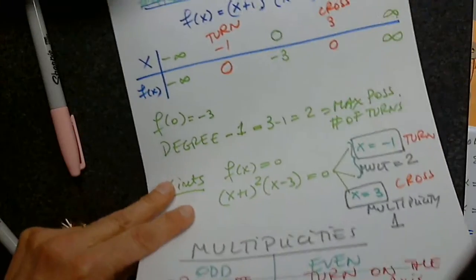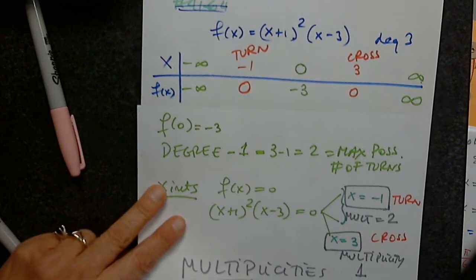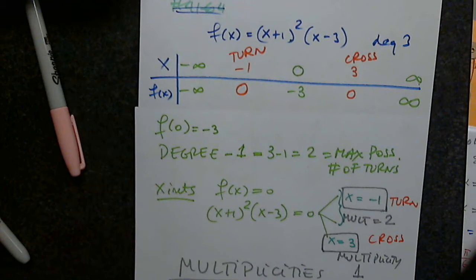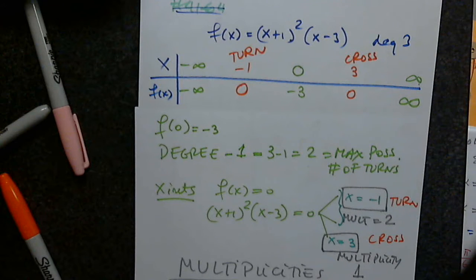Now I would like you to bear with me for a second. And then we will take our shot at this graph. So please follow me for a second. Follow my hand. From -infinity, the function increases, approaching the x-axis, and at -1, 0, it's turning.